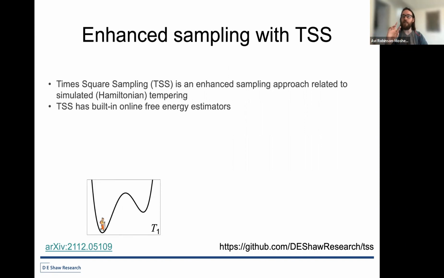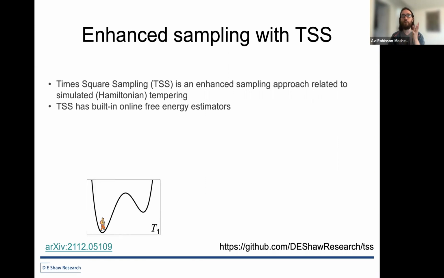Then periodically, you can swap simulations between different Hamiltonians, which lets you exchange states up and down the temperature scale. Simulated tempering is like doing that, except you run a single simulation, but periodically change which Hamiltonian it is being simulated with. So you move to a different temperature.